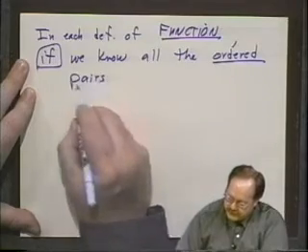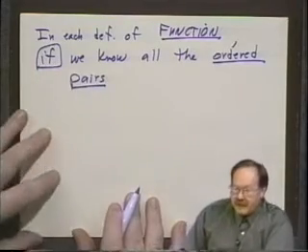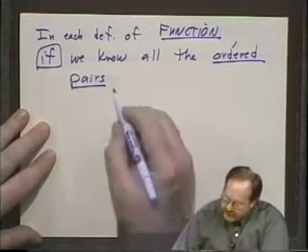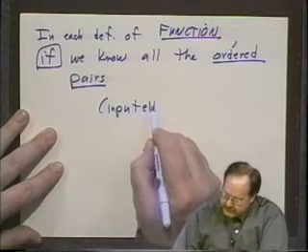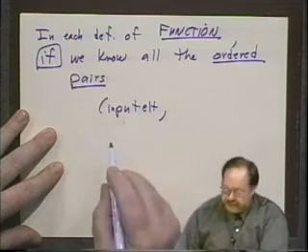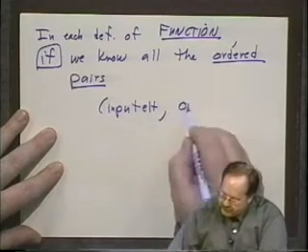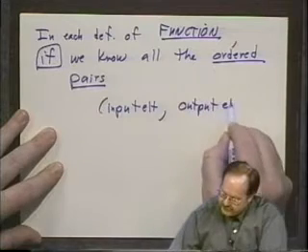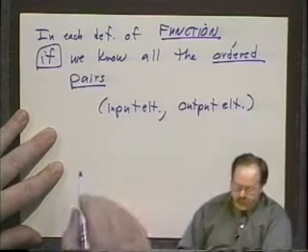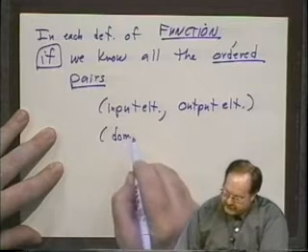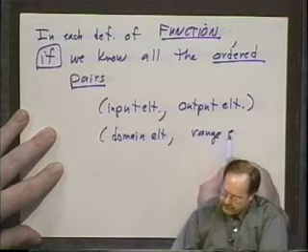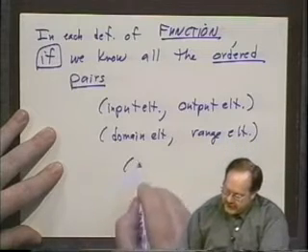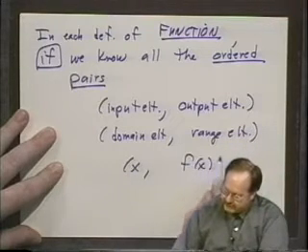Now ordered pairs, remember, are pairs in which it matters which number goes first. The pairs that look like what? Well, input element is the first member of the pair. Output element is the second member of the pair. Or if you don't like that, domain element and range element. Or to put it in notation, x and f of x.